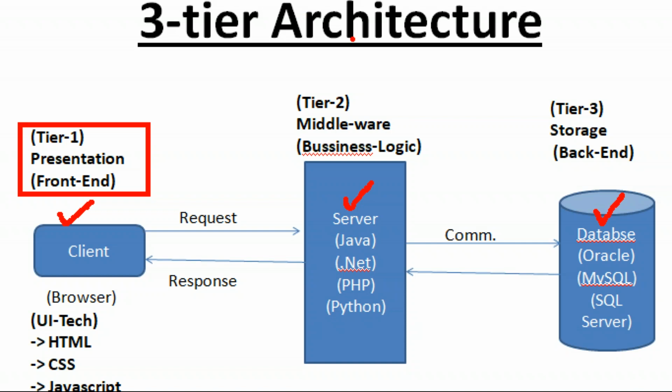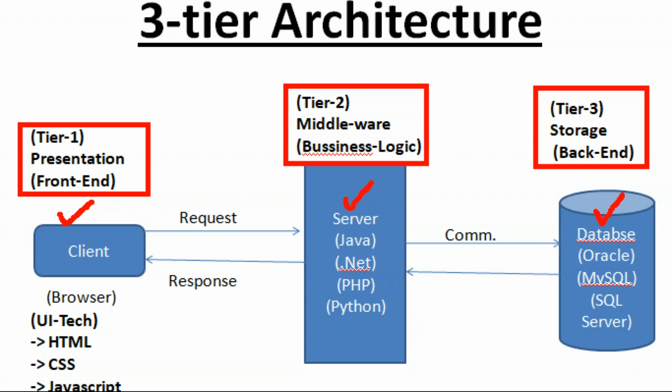The second section, server, is technically known as tier 2, middleware layer or business logic layer. The third section is database, the storage layer or backend layer.